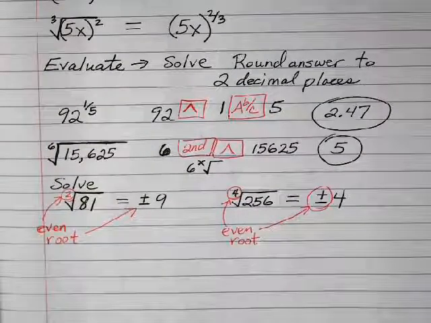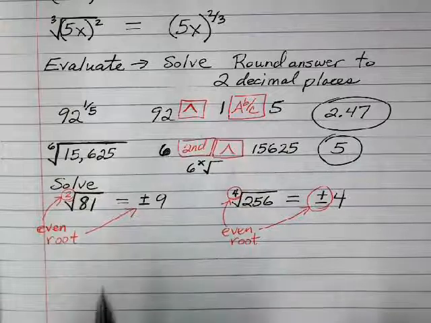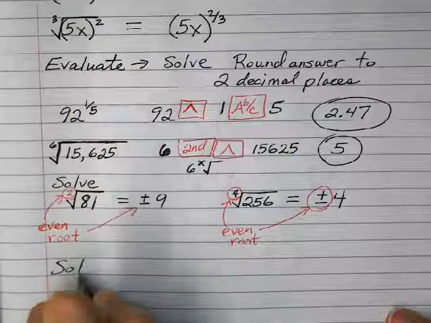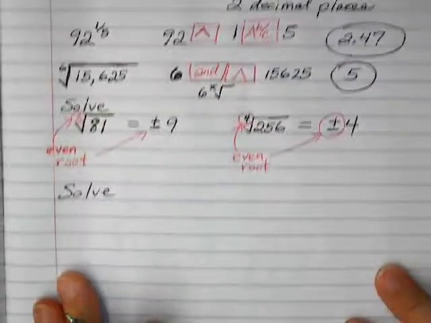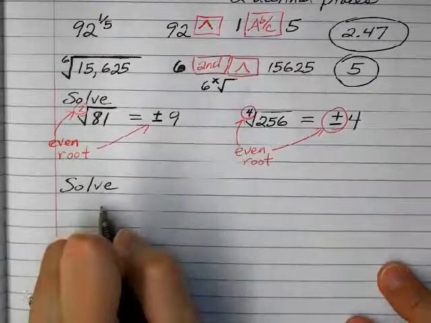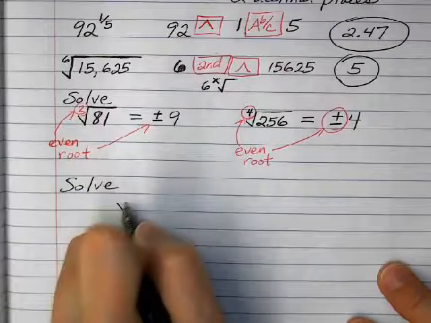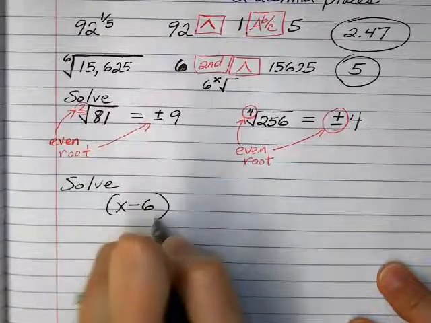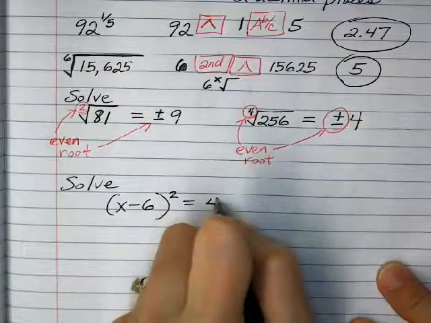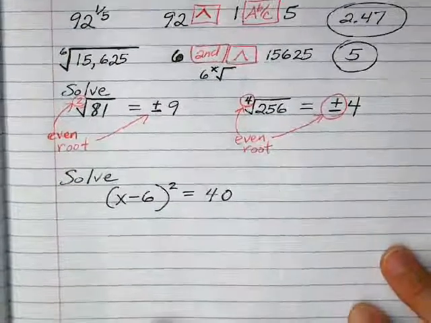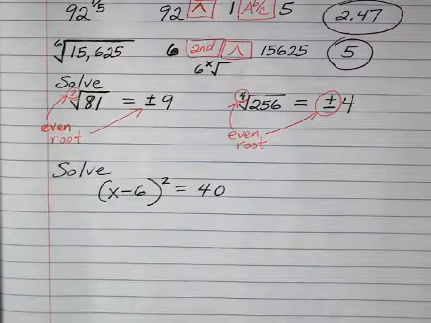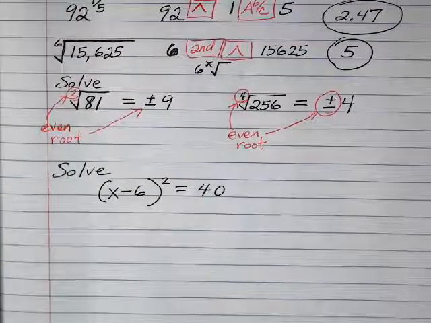Okay, so let's try another one. See if it says solve. These ones that say solve. So let's try another one that has x minus 6 squared equals 40. Like little equations you're going to get on some of these on the assignment.